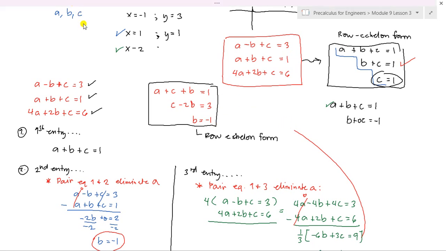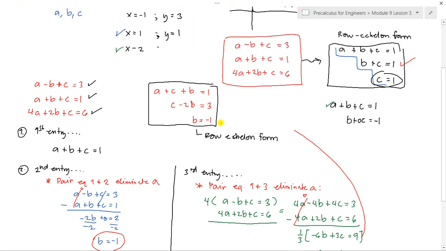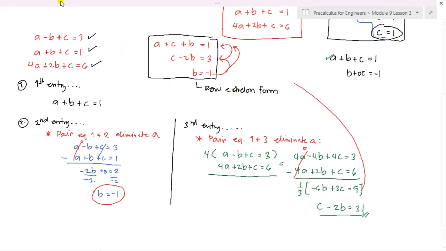Okay. So, since we now have the system of equations in row echelon form, we can directly do back substitution. Meaning, we substitute b to get c. Then, the value of c is substituted into the first equation, together with the value of b, to get a. So, let's do that.